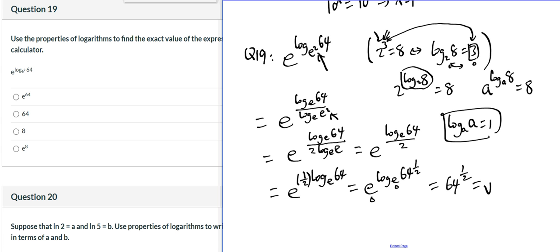That's the radical 64. You will get 8. Let me write 64 here, and that's 8. Then you may choose the answer right here. There are 4 choices.